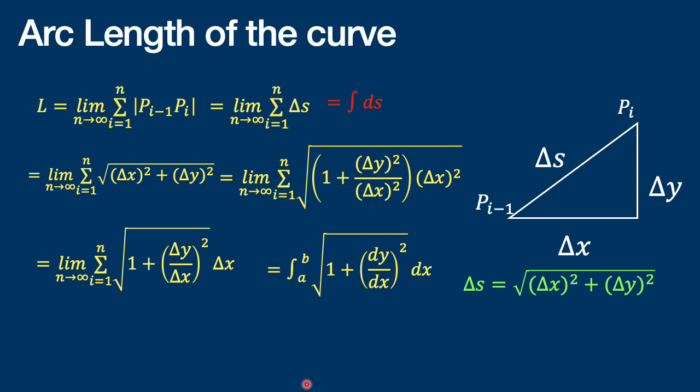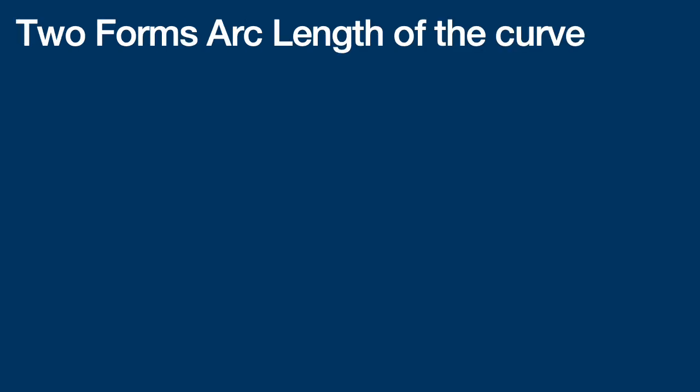Now, the formula for arc length with respect to dx is L equals the integral from a to b of the square root of 1 plus (dy/dx) squared dx. Now, we derived the arc length formula.